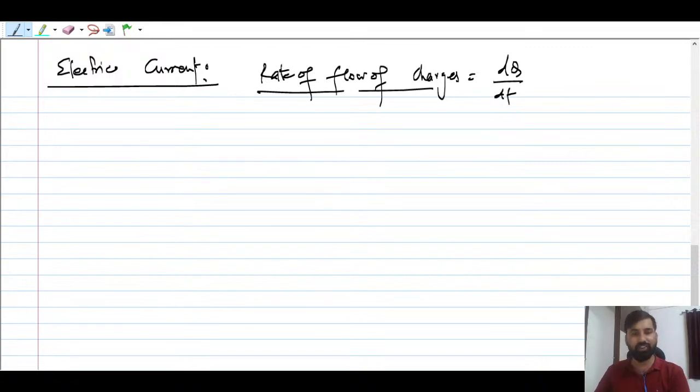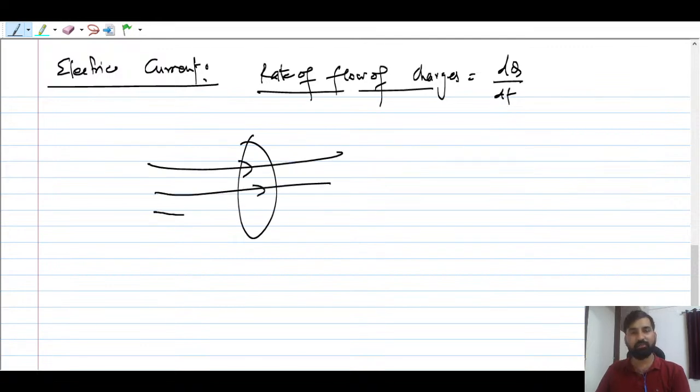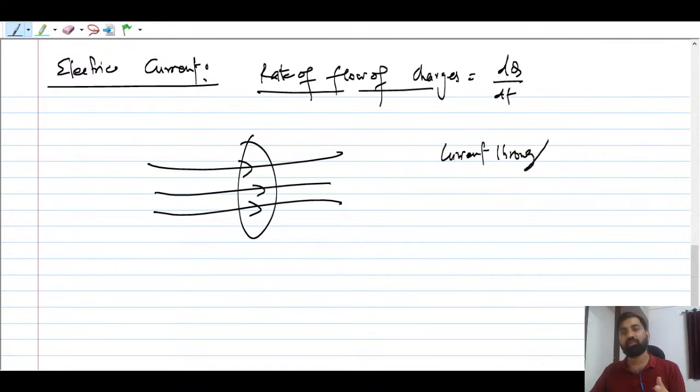Or you can also say, suppose you have got a closed surface, and there are charges moving through it. We always talk about current through the surface.